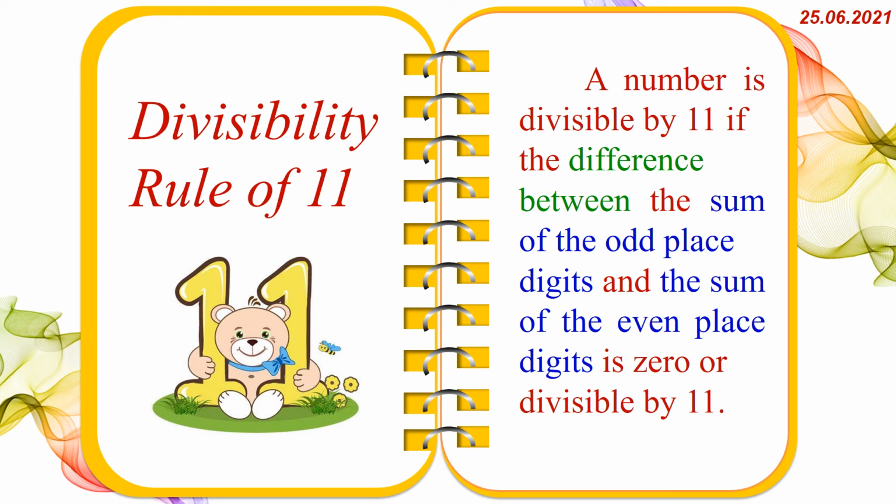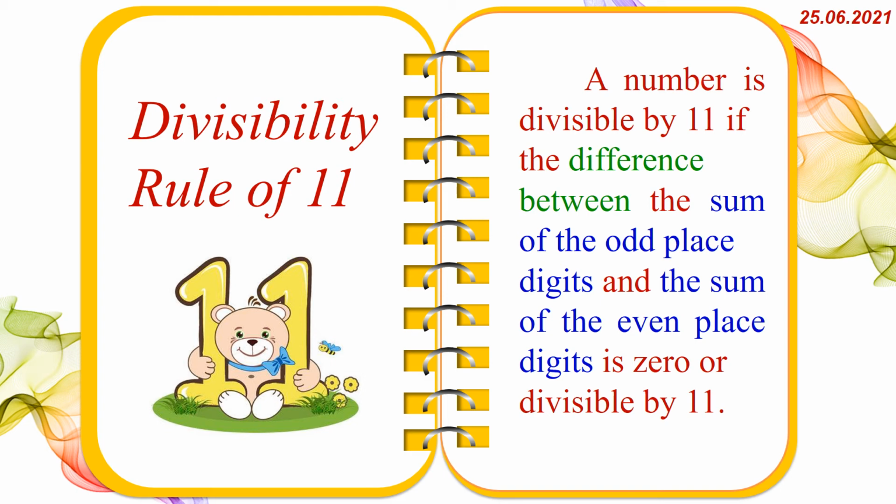See children, here it says odd place digits, not odd numbers. Let us consider the ones place as the odd place. Next, the 10s place is the even place. Next, the 100s place is what? Odd place.